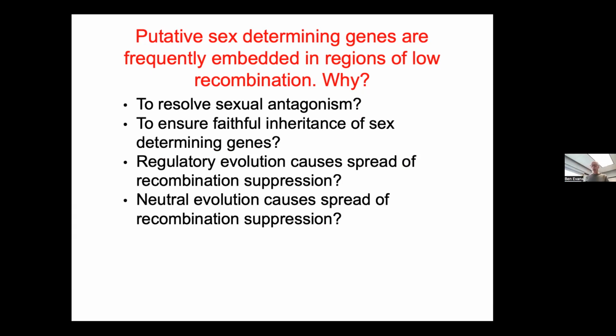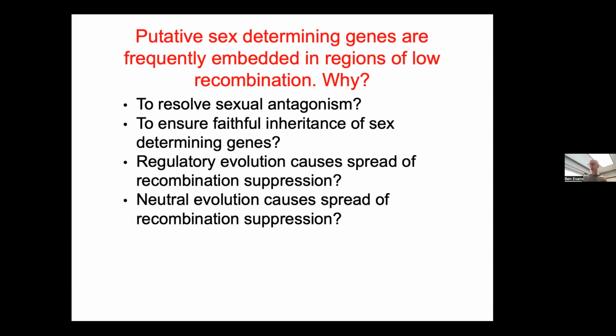It could be that recombination suppression is favored to resolve genomic conflict associated with different fitness values of each sex. It could be a way to ensure that a sex-determining gene is faithfully inherited from parent to offspring of the same sex. It could be that natural selection on regulation of or control of expression influences recombination suppression, or it could be a neutral phenomenon.